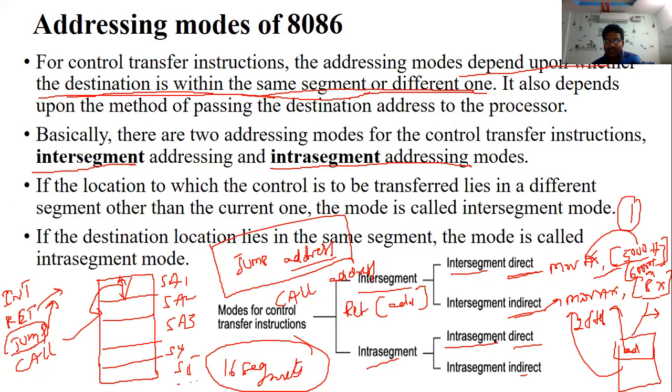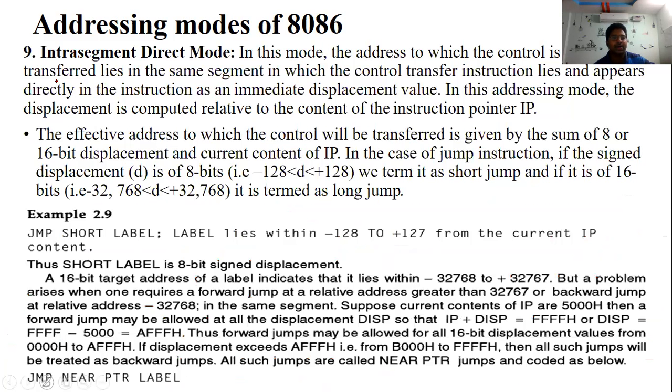What is inter segment? Instructions that transfer from one segment to another segment we call inter segment, direct as well as indirect. Direct means within that instruction it represents the direct address value. Indirect means it represents some other value. Take the intra segment direct mode.